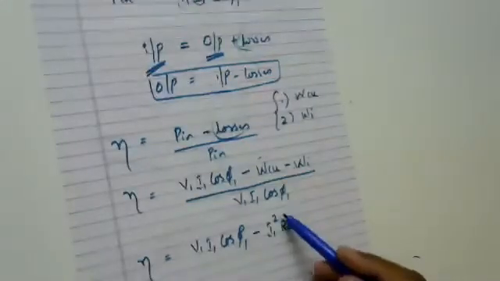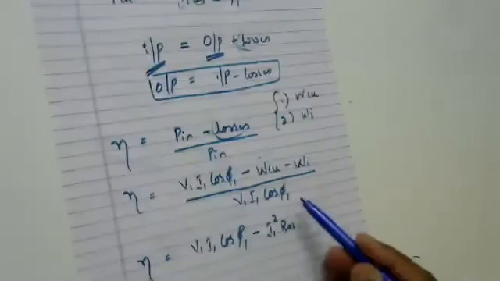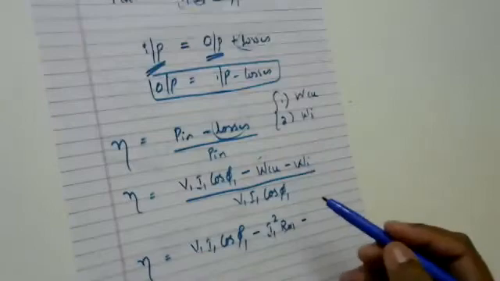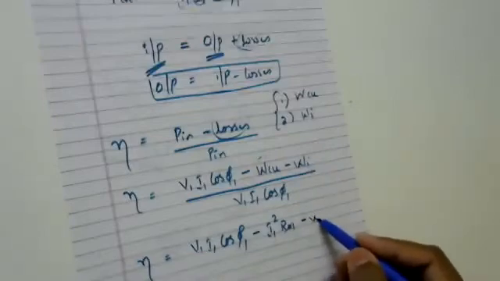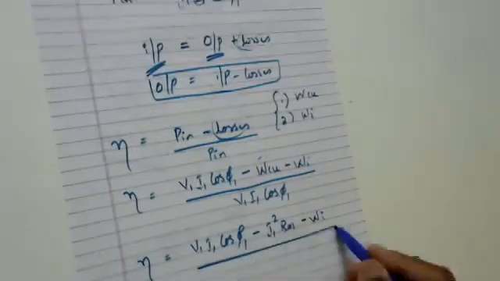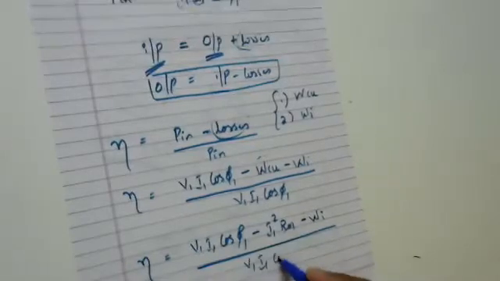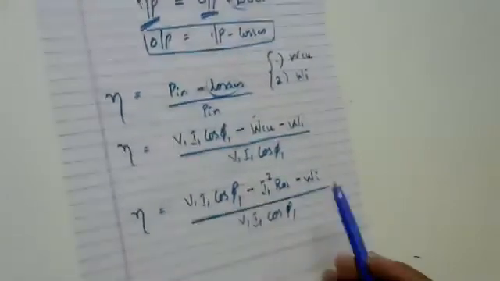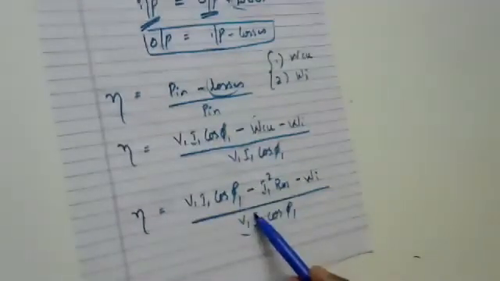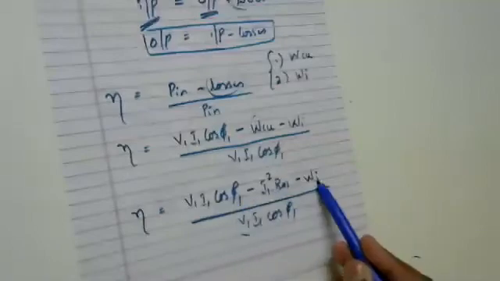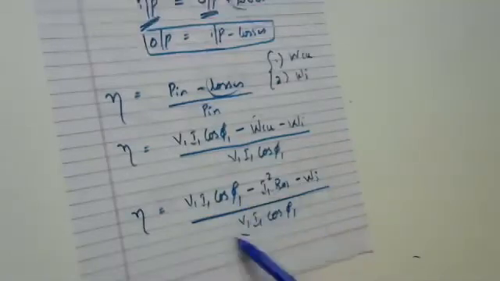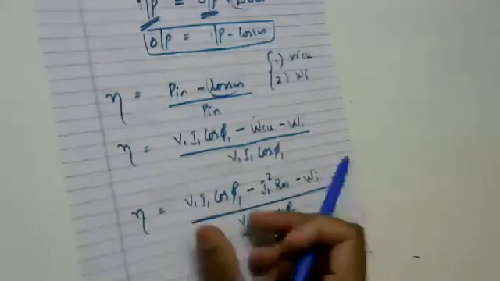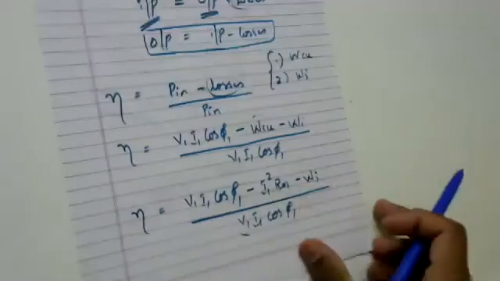So we know how this equation comes. Minus the iron loss, which is a constant loss, so I can write minus Wi divided by V1 I1 cos phi1. Now I will take V1 I1 cos phi1, the denominator term, individually for separate terms.